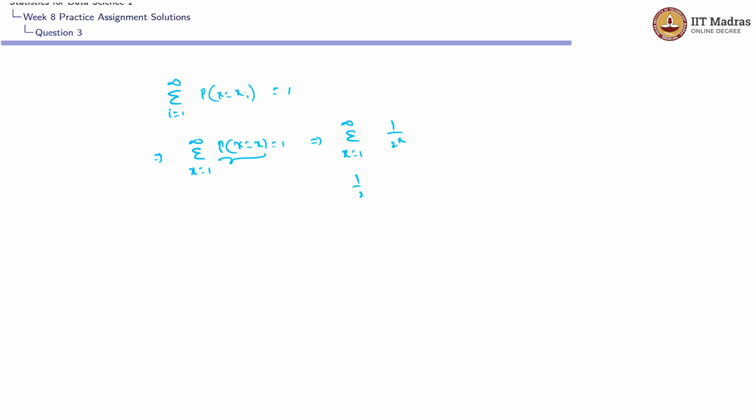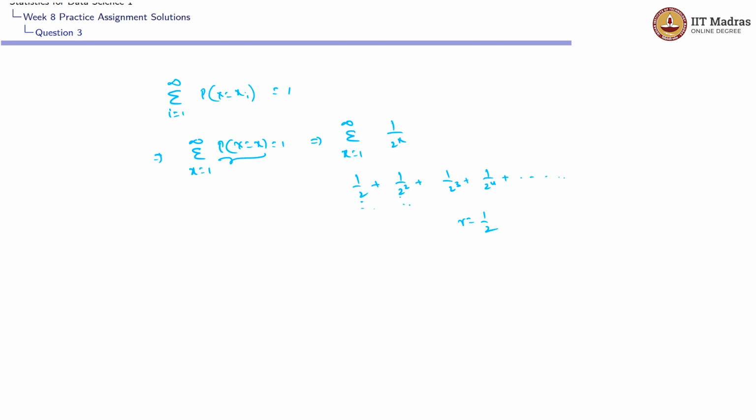This is nothing but 1 by 2 plus 1 by 2 square plus 1 by 2 cube plus 1 by 2 power 4 plus and so on. If you see, it is a geometric series, since r is equal to half; for each case we are multiplying it by half. The first term is 1 by 2, the second term is 1 by 2 into 1 by 2, which is 1 by 2 square.